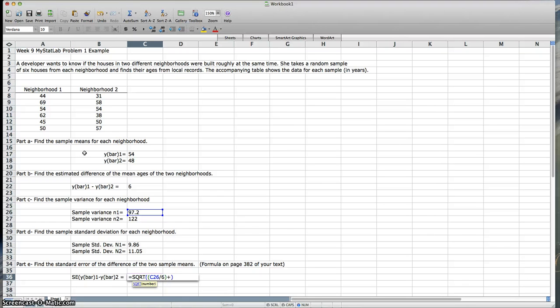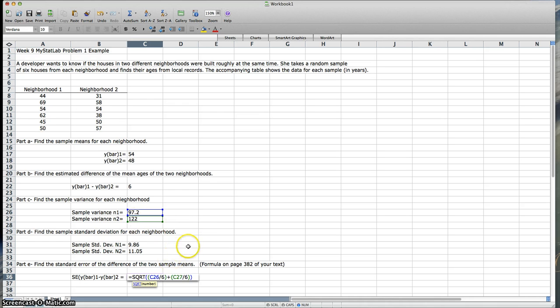plus, start some more parentheses, our variance of neighborhood 2 divided by, and again it's 6 since there are 6 pieces of data here, so we'll say 6 and close that parentheses, and that's it.